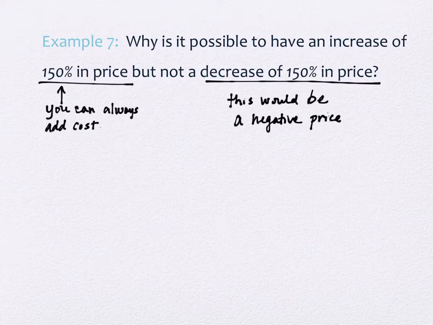But there's only so much cost you can take away, and it's the 100% before it becomes negative, and that's a problem. And you could even argue, you really can't take away 100% either, right? People don't give things away for free at the store. Maybe at a garage sale. They're just trying to clear it out, right? But not at the store.